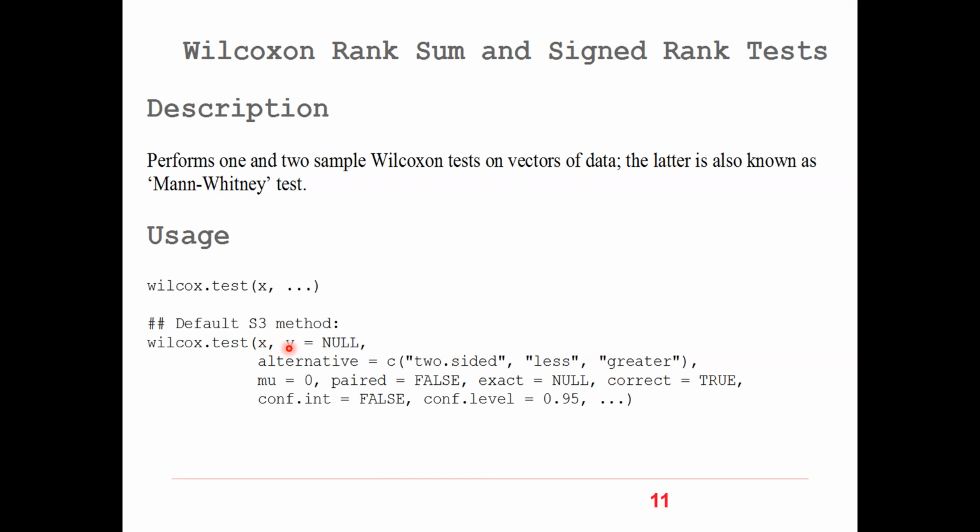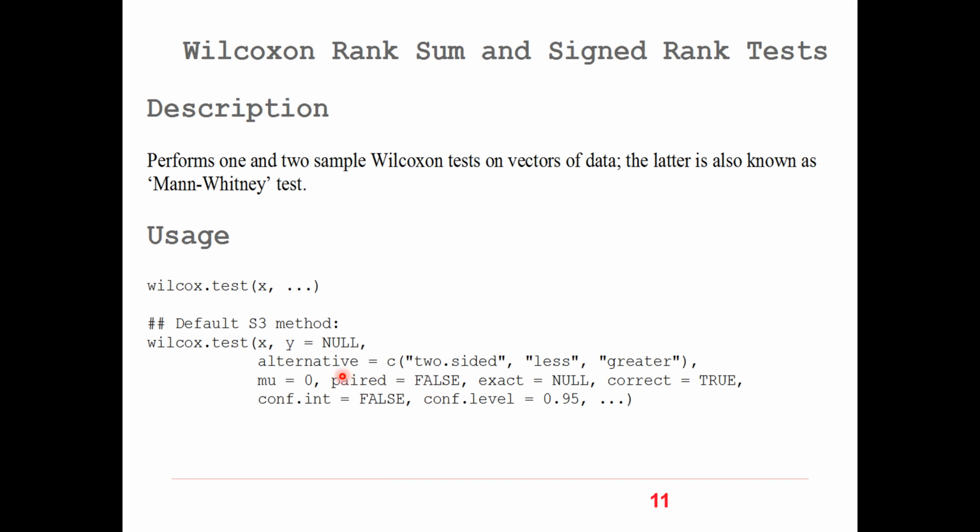If we define two numeric vectors here, then that's a two independent sample test. If we define paired as FALSE, this means it is a two independent sample test. Otherwise, if we define this as TRUE, it means a two sample paired test.